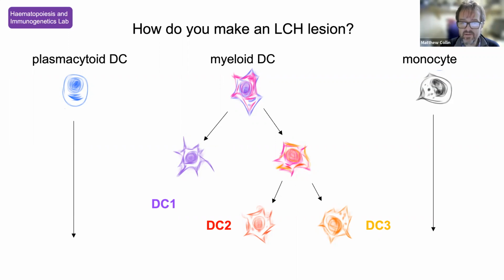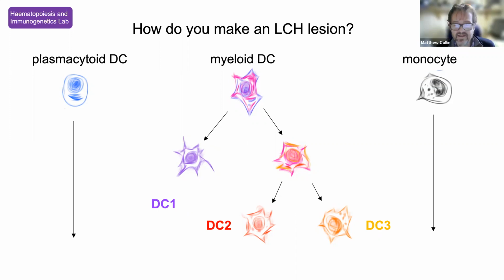And really the question that we were trying to tackle is, how do cells that carry a mutation that probably arises in the bone marrow come together and form a lesion of LCH? Because the lesion itself contains many different cell types. And this first slide just shows the complexity of the white blood cell system.